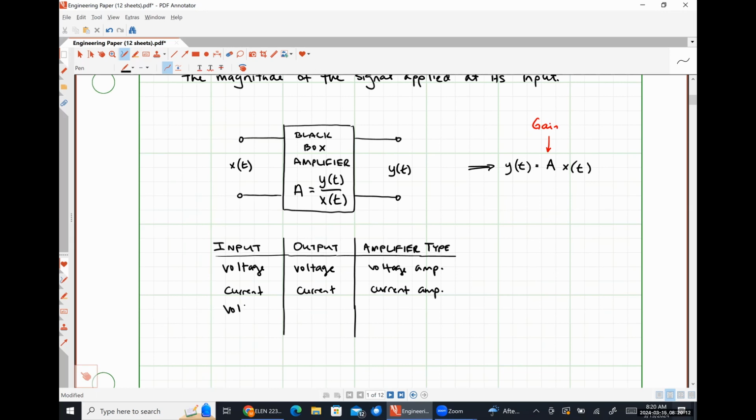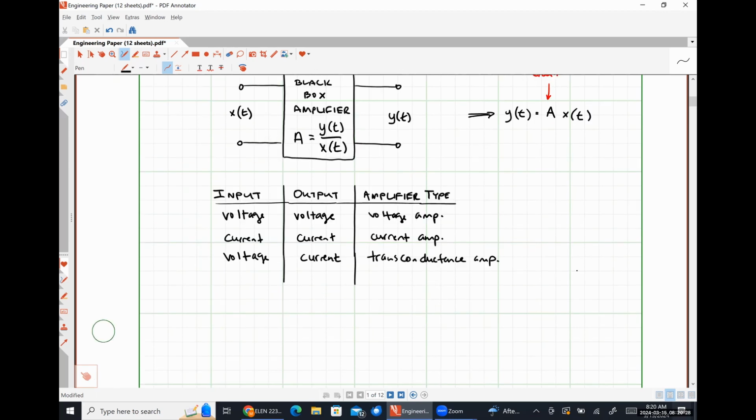If we have voltage as an input and take current at the output, we have a transconductance amplifier. If we have current as our input signal and take voltage to be our output signal, we have a transimpedance amplifier.